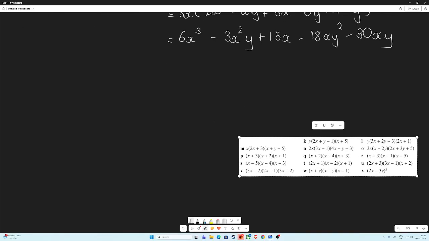Okay, 2p. Now we will be multiplying 3 brackets out. So let's multiply 2 brackets first and then deal with the third bracket. So we have x plus 3 times x plus 2 times x plus 1.